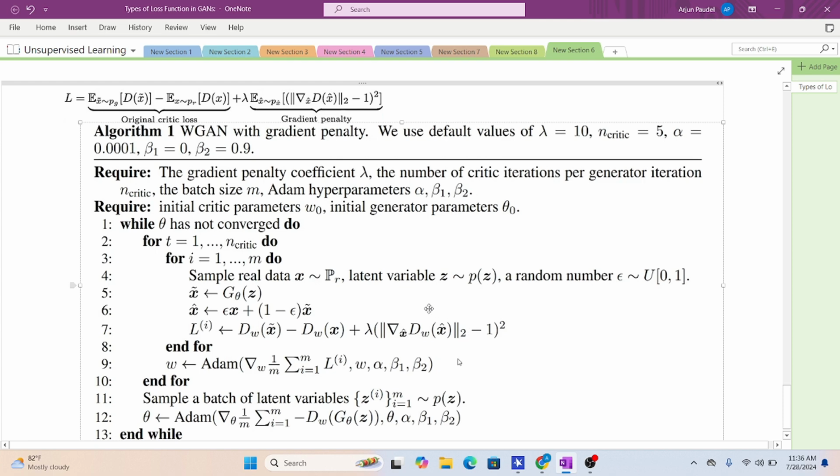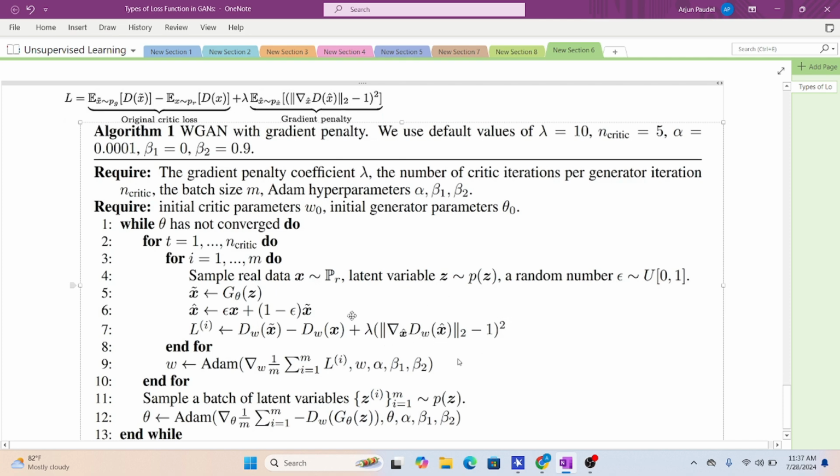We want to make this quantity at most 1, so that we enforce Lipschitz continuity in our discriminator function. If we make this quantity 1 or less, we enforce Lipschitz continuity in our function.